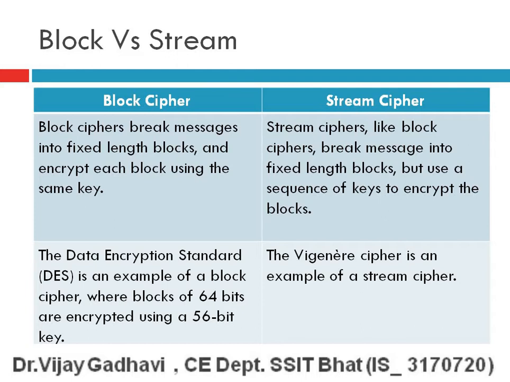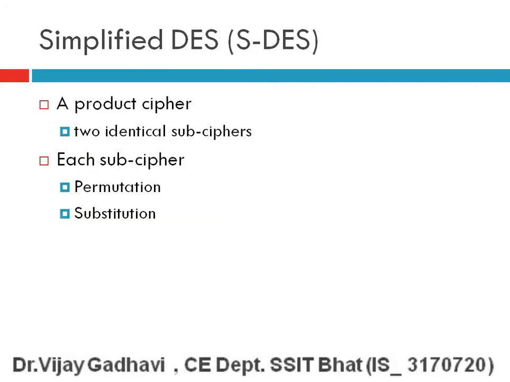Another comparison: the Data Encryption Standard is an example of a block cipher, where blocks of 64 bits are encrypted using a 56-bit key. The Vigenere cipher is an example of a stream cipher.